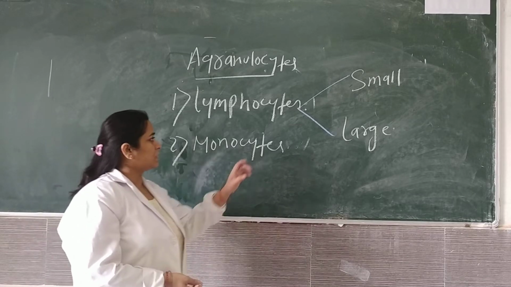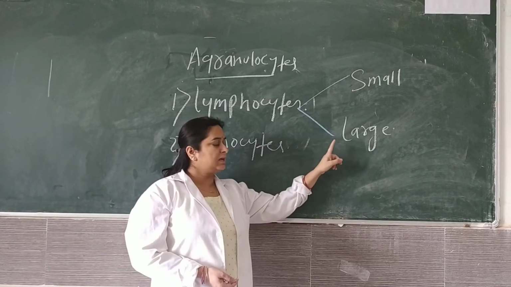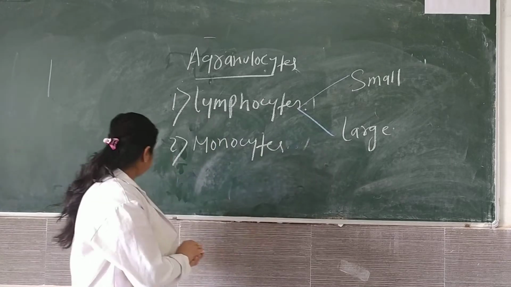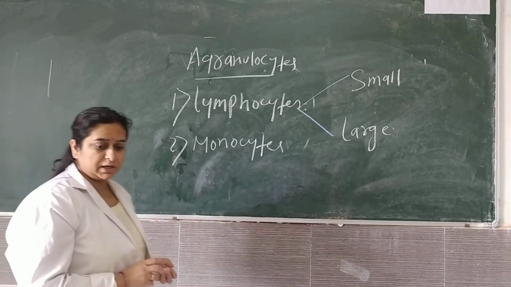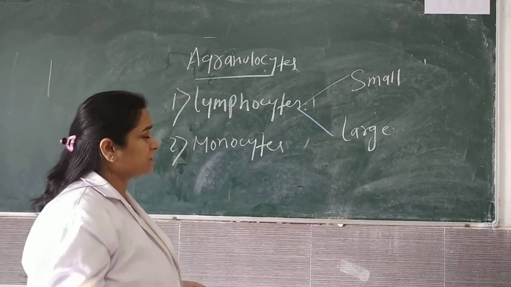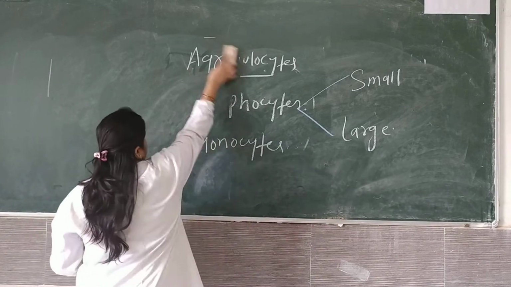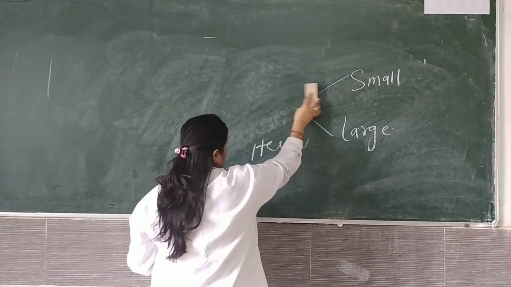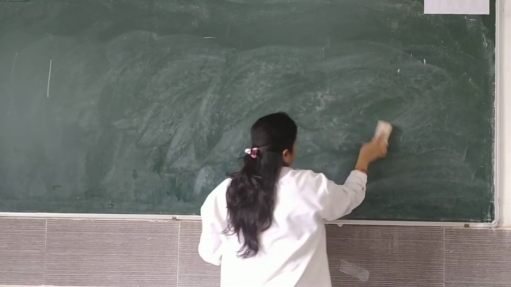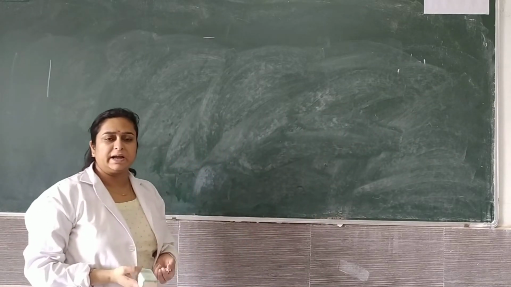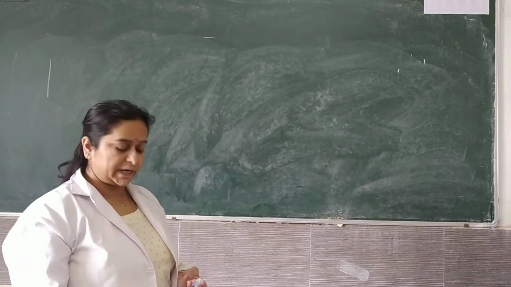Here we will only focus on small lymphocyte and large lymphocyte. How does the small lymphocyte look? What is its structure? And how will we differentiate between a small lymphocyte and a large lymphocyte?